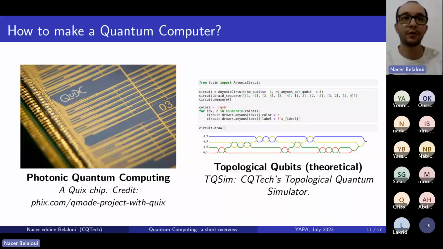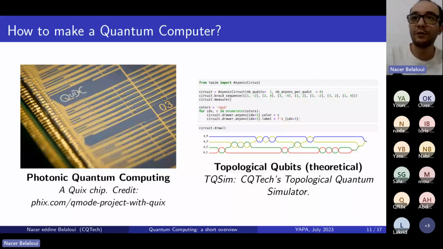The advantage of photons is that they don't interact a lot with the environment. They don't need cryogenic cooling. But photons don't stay in peace. They move at the speed of light. So once you start the computation, basically it ends immediately, and you have to figure out some computation scheme to perform some meaningful quantum computation.